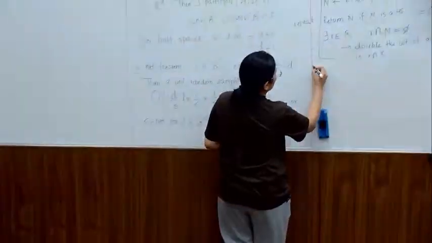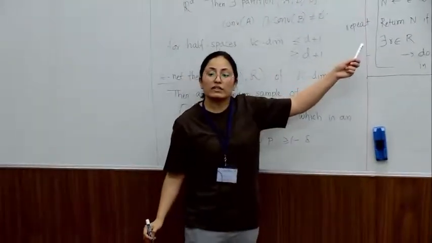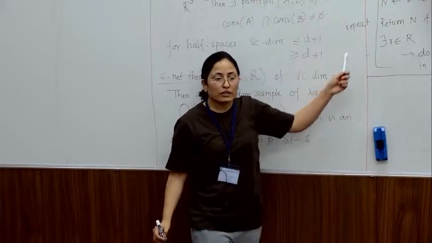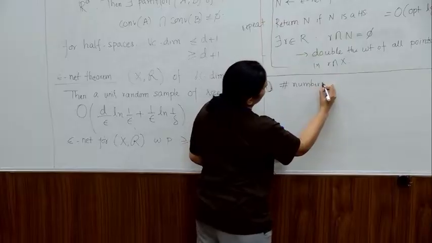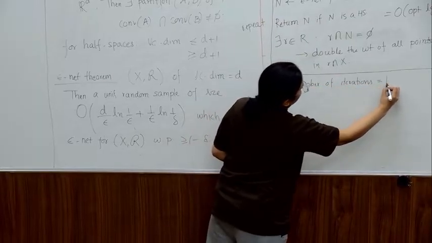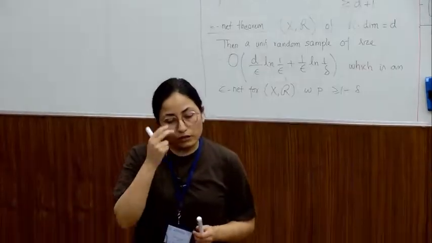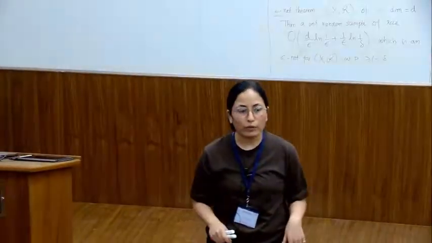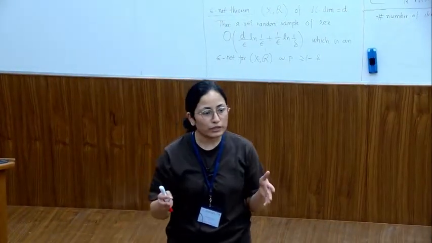What is not clear is whether it will terminate or not. So we want to bound the number of iterations. Let's say that the algorithm runs for k times. Initially I had n points and every point had weight equal to 1. So what was the total weight?